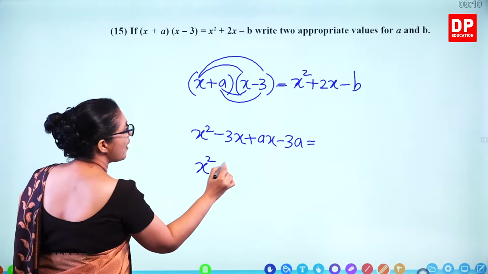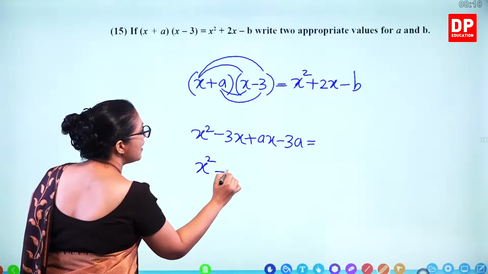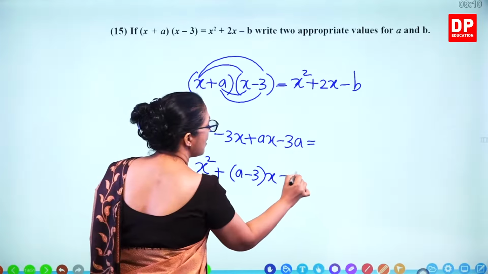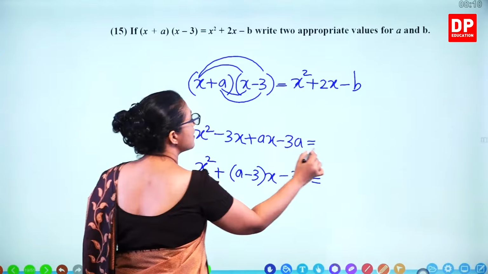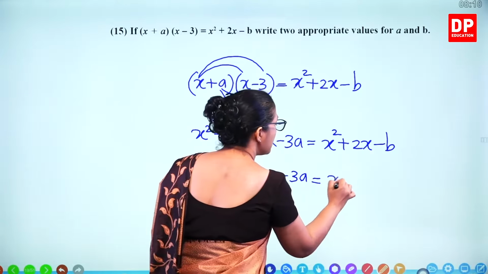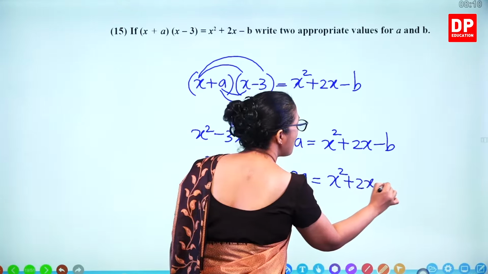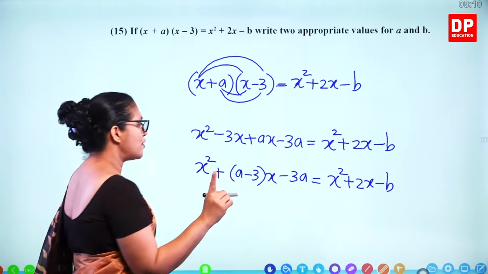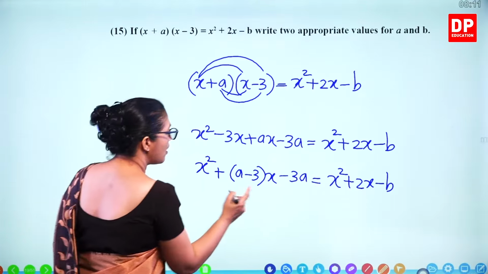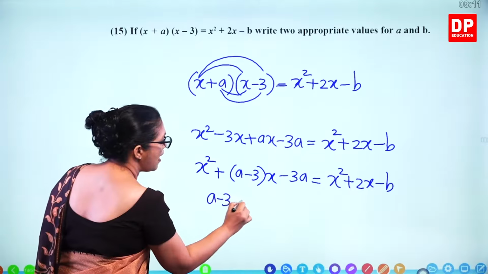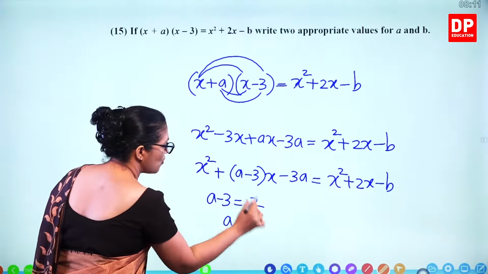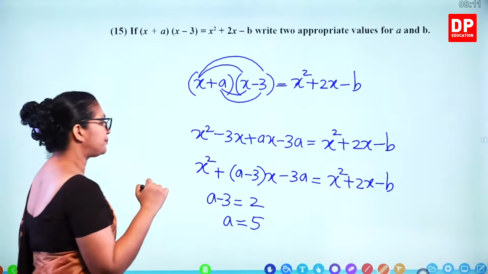You can write x squared, with the x terms together: a minus 3 times x, minus 3a. That's equal to x squared plus 2x minus b. Now you can compare the coefficients of each term. For the x terms, a minus 3 should be equal to 2. So what's the a value? 2 plus 3, that's 5.